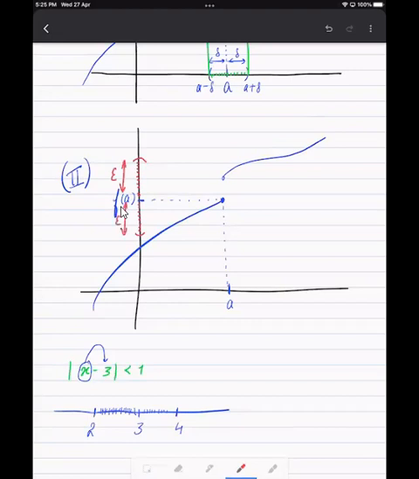So for that, you need a delta. Let me see, this is my delta. So this is a minus delta, a plus delta. Tell me, are all the values from this domain under this range or not?